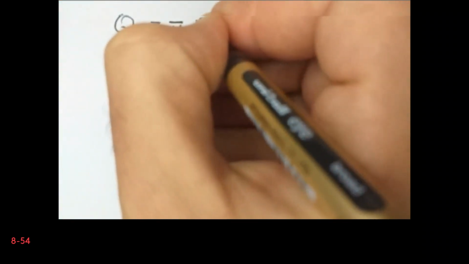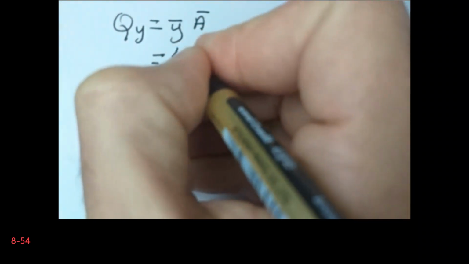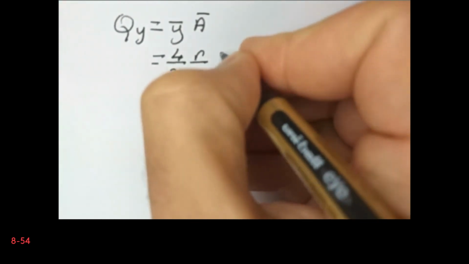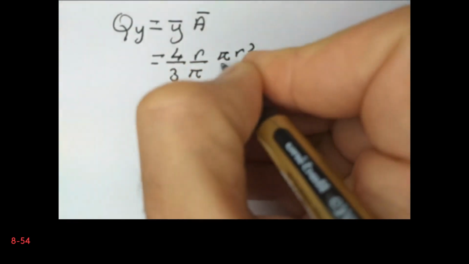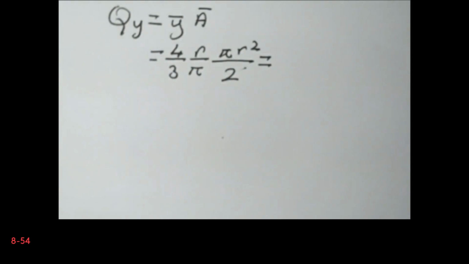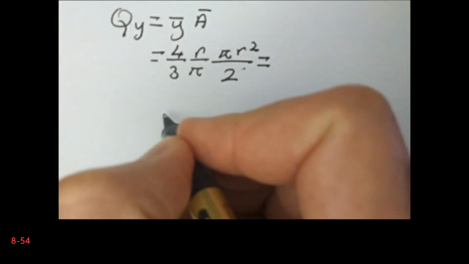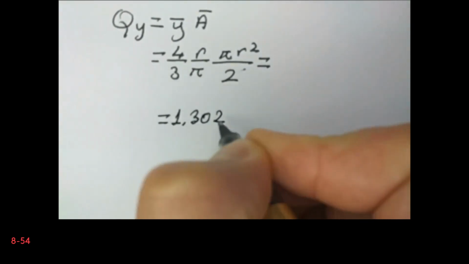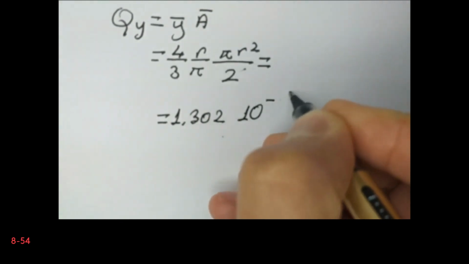So it is y bar multiplied by the area, that is 4 divided by 3, r divided by pi, pi r square divided by 2. So the value is 1.302 × 10 to the power minus 6 meter to the cube.